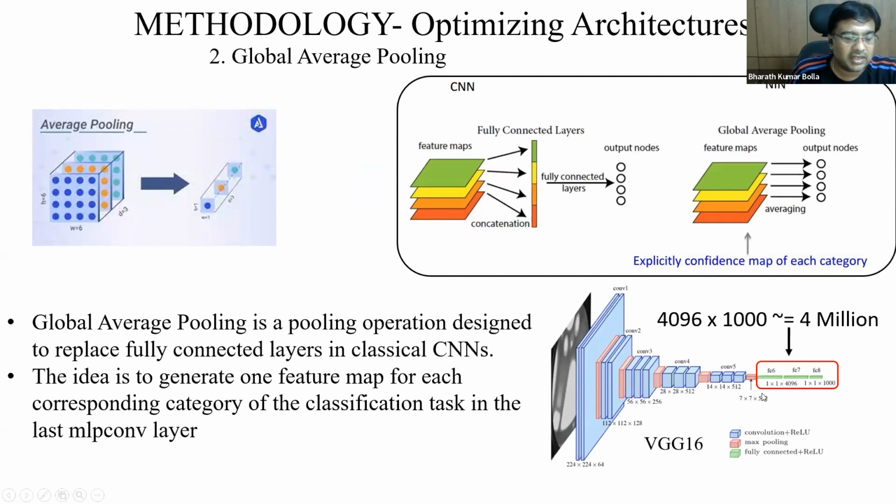If you flatten it, it results in 25,088 data points. And if you multiply with 2 dense networks, this itself results in 4096 multiplied by 1000 parameter output, right? In ImageNet, this results in 4 million parameters.